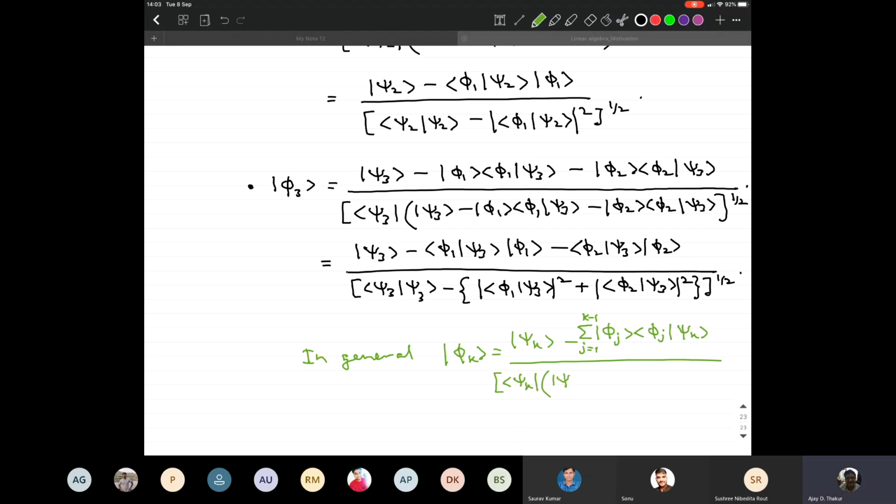So basically psi k minus sum over j equals to 1 to k minus 1, and you will have to project out the components along various axes. Okay, so this is in general the thing.